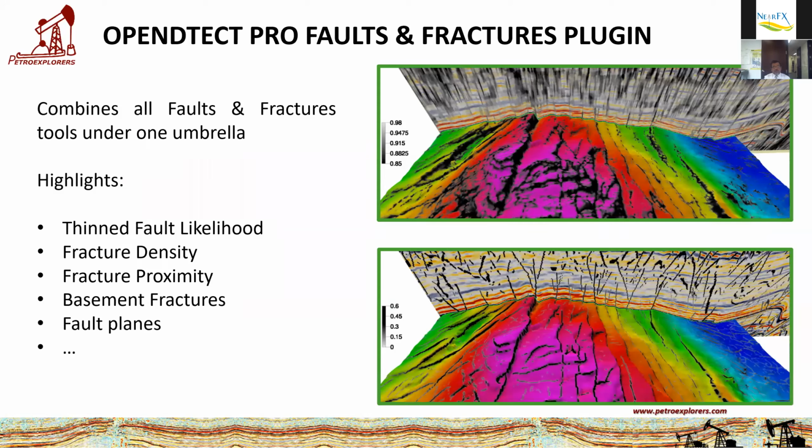What we see from the previous good solutions for extracting or finding the faults is that they were able to visualize them, even with the ant tracker, but they were not able to have all the attributes of the faults embedded in it. That is what fault likelihood brings in. It brings in the dip of the faults, the azimuth of the faults, and the likelihood of them, like probability: how probable they are of being faults.